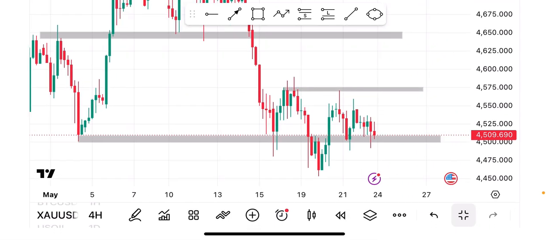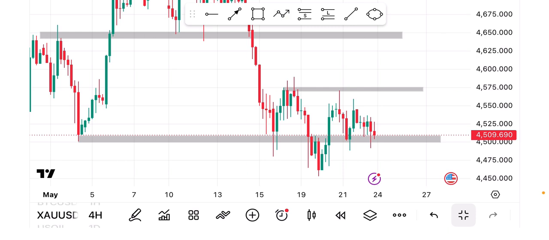Now, there is a pretty important thing that I want you guys to know, okay? So, when price is between a swing high and a swing low, it's called a no trade zone. So you don't want to trade that zone.